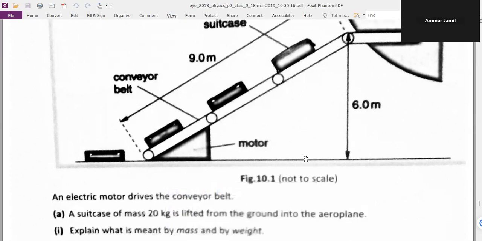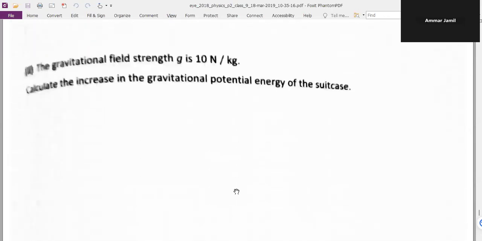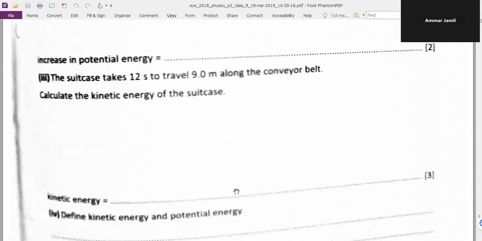So the loss in the kinetic energy will be the gain in the potential energy. So your potential energy that you have calculated in the second part will be your kinetic energy from the beginning. That's the only approach that works here.